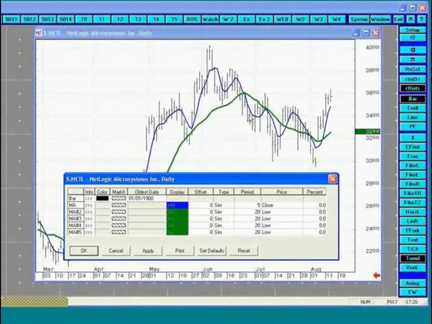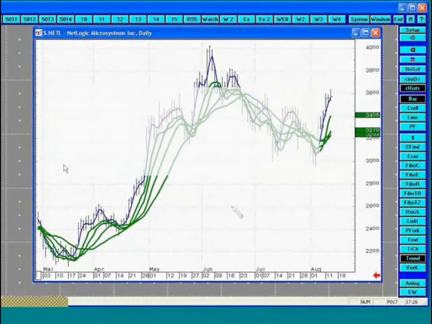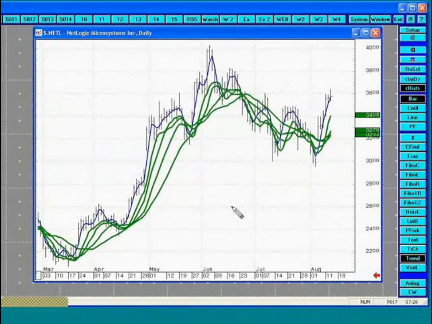But the question is, a lot of people like to utilize Fibonacci numbers when they create their moving averages. For example, 3, 5, 8, 13, and 21. And a lot of people really like to utilize these moving averages whenever they work.